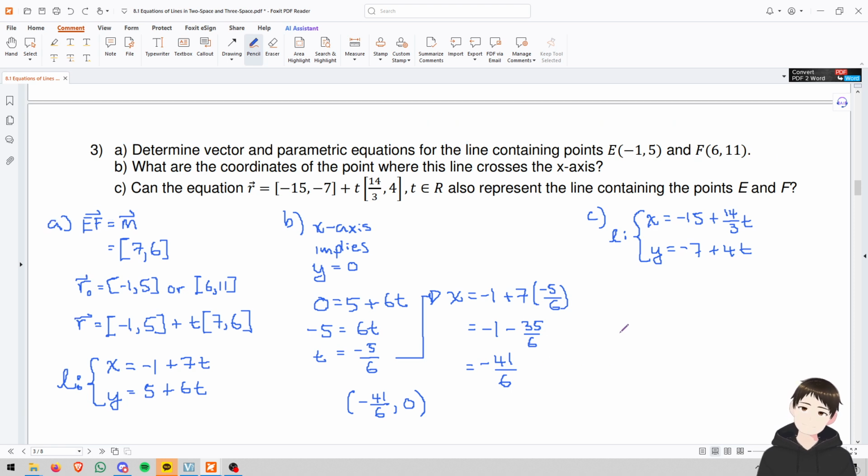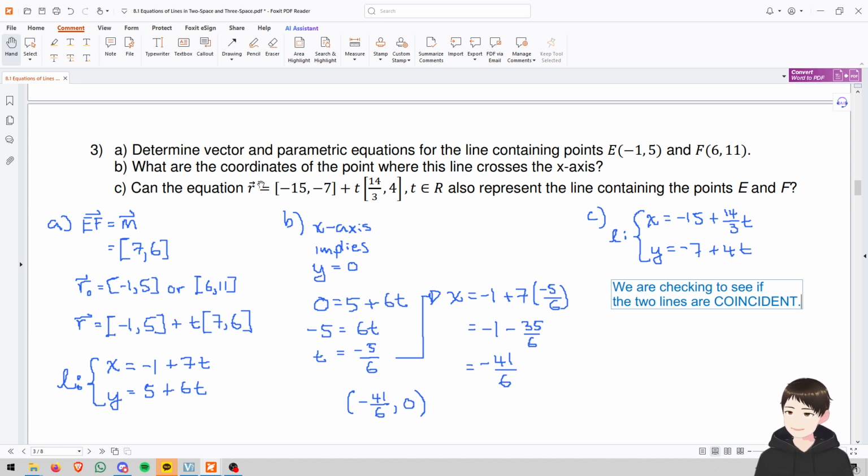Let me put a little comment here. We are checking to see if the two lines are coincident, literally on top of each other, because that's the question: can the equation R of this also represent the line?